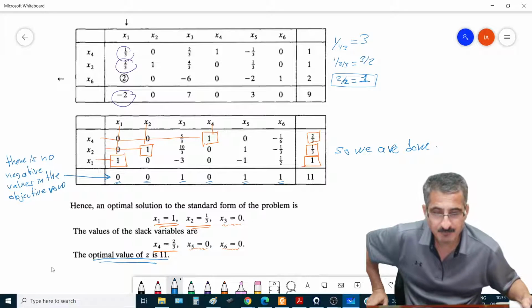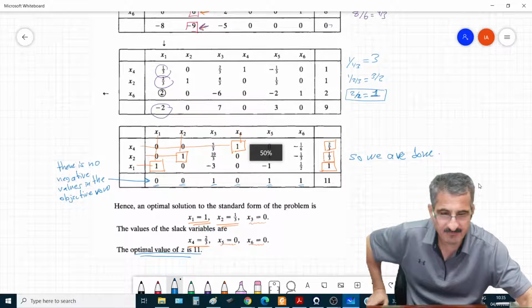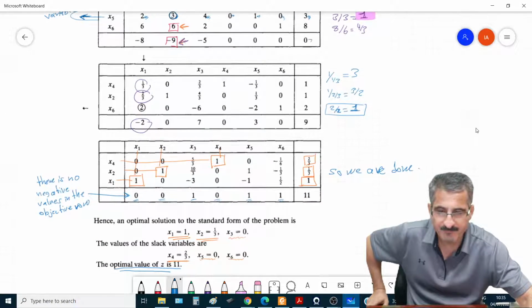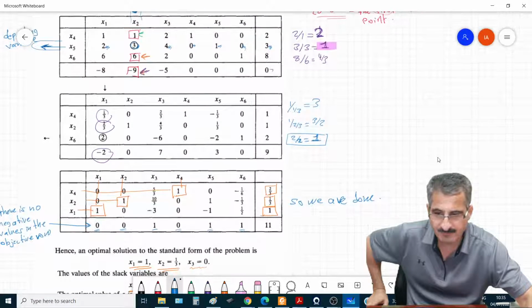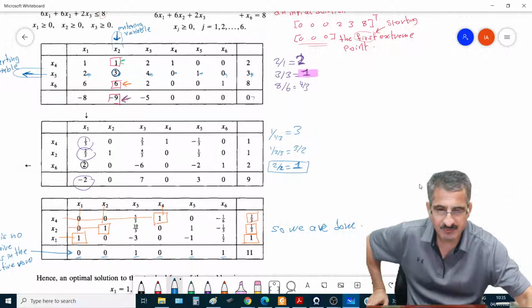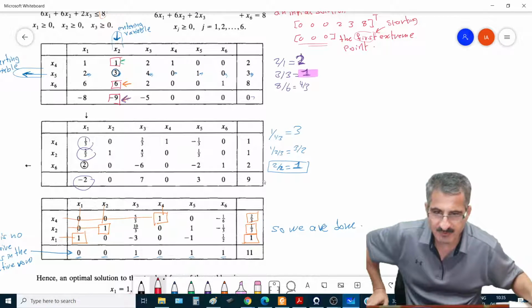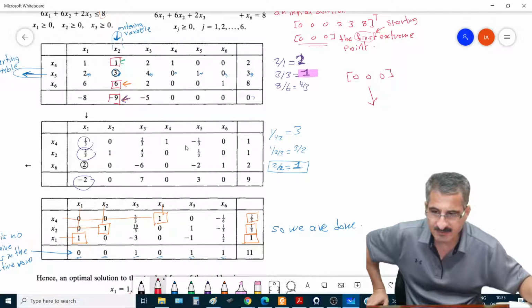Okay, and actually what we have done is moving from 0, 0, 0 to where? So we moved in here. We started at 0, 0, 0, and then we moved to what? x2 now is 1.